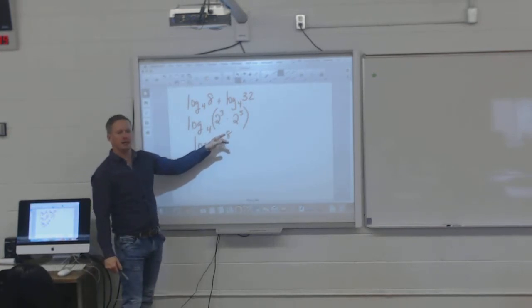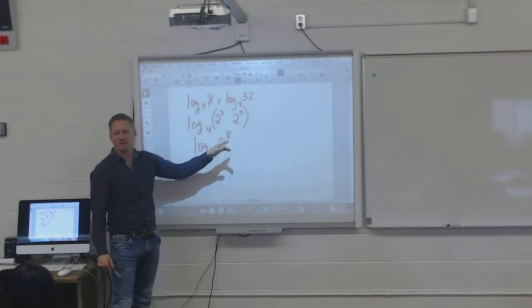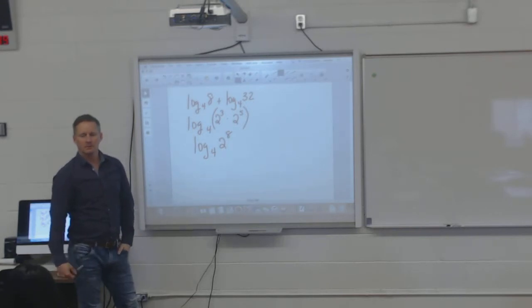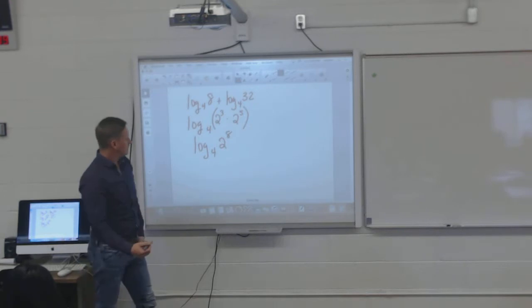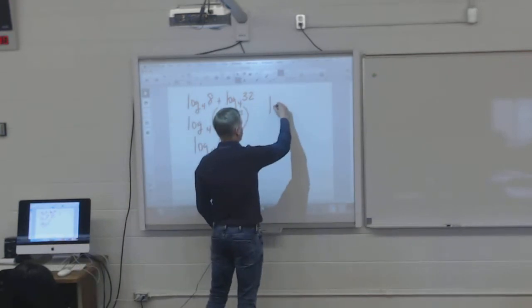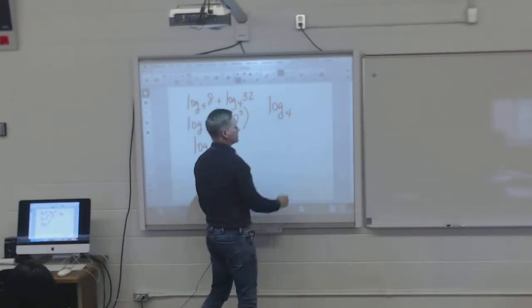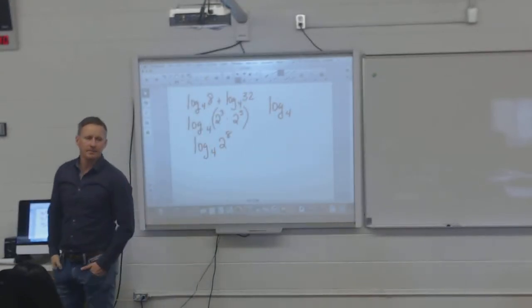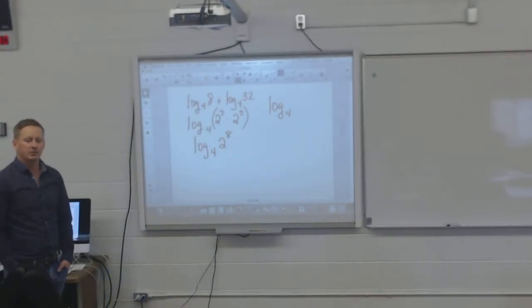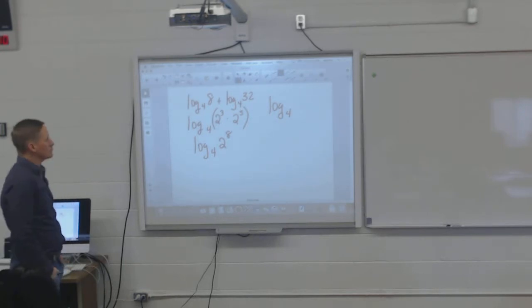Instead of 2 to the 8, I need to change it to 4 to the power of something. Okay? So that's a little more work. So let's think this through and let's think of how I can do that. How can I change 2 to the 8th to 4 to the power of something? Just a quicker way was you could just put it into a whole number, like find 2 to the power of 8.